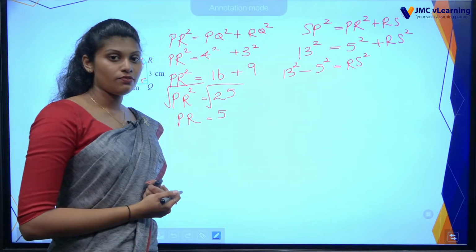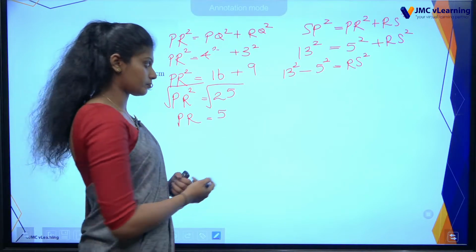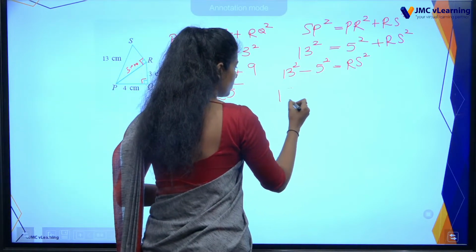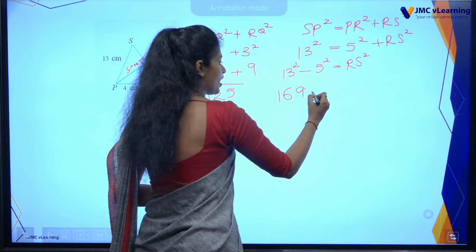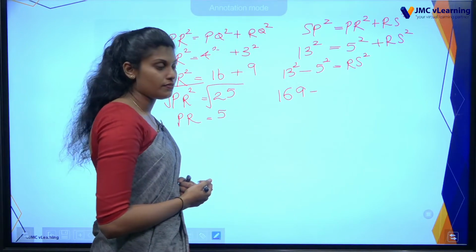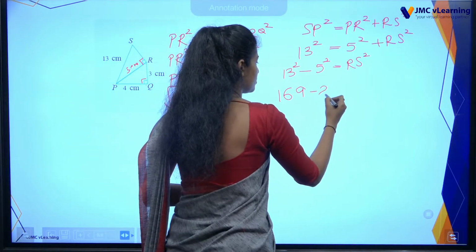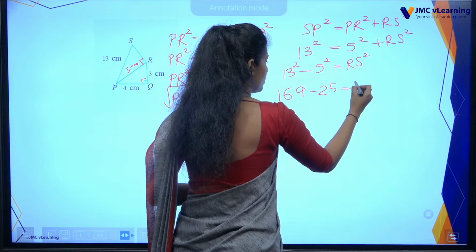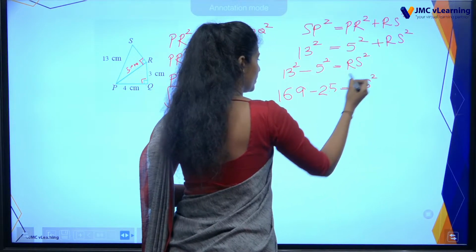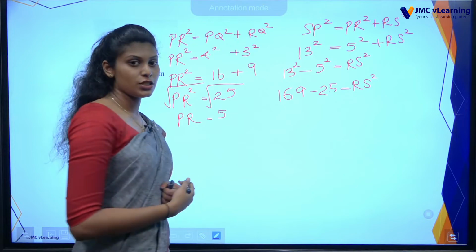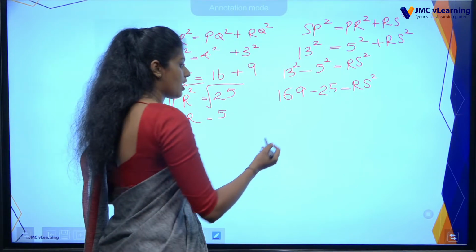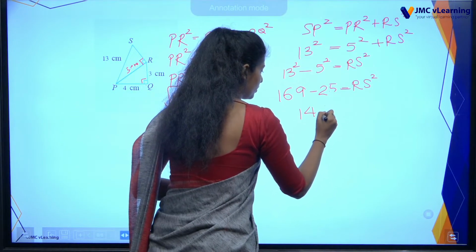Then what is the value of 13 squared? 13 into 13, 169, minus 5 squared, 5 into 5, it is 25, equal to RS squared. By subtracting these two values, what is the answer? 144.